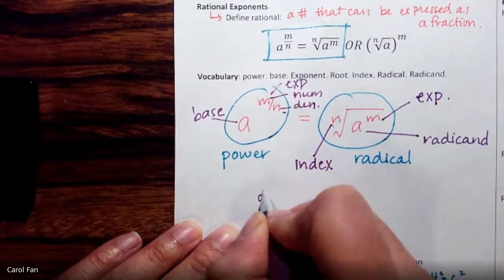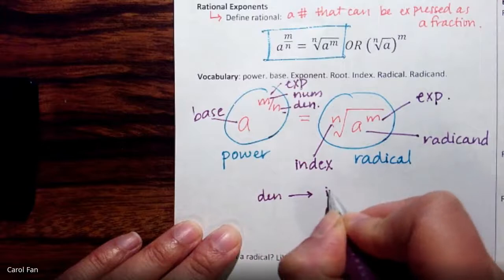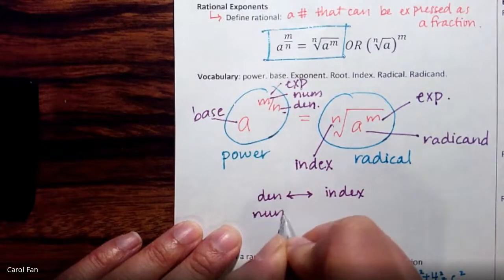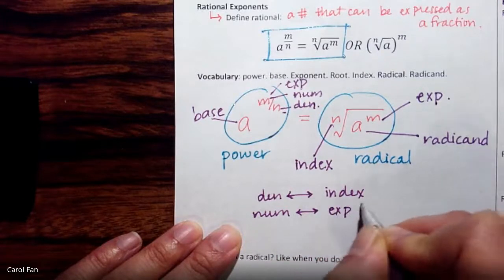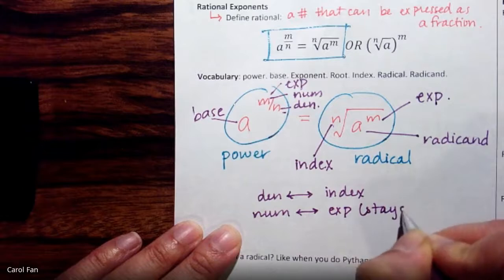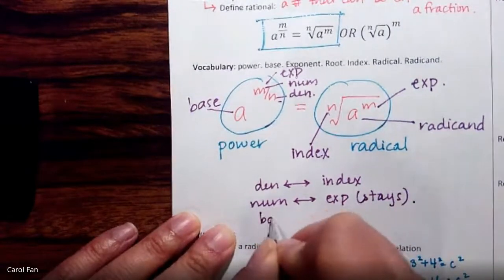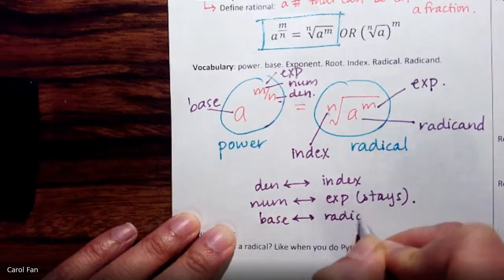So we'll notice that in this case, the denominator became the index. And the numerator stays as the exponent. And then base became our radicand.